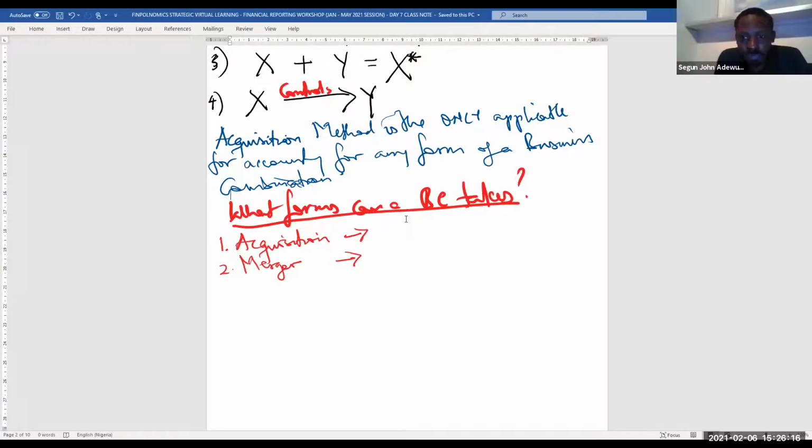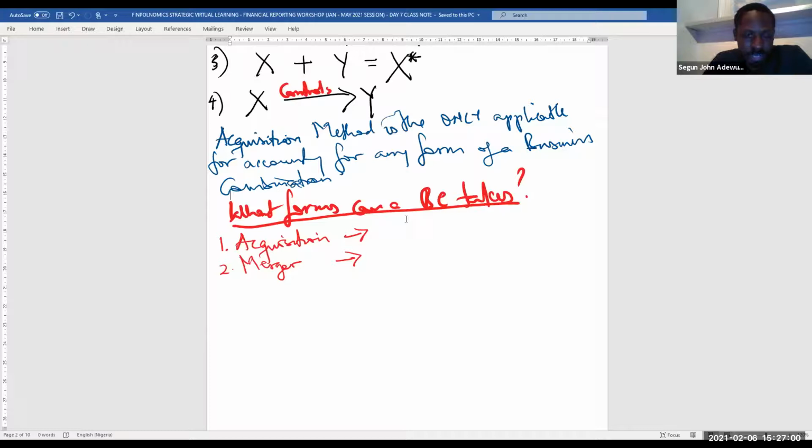Okay, I would like to say something. Continue, John. As you've explained, acquisition is a form of business combination between two entities, but not with the intent of one subsuming the other. So the other company is still left to be an independent legal entity, but the company acquiring it exerts significant influence on it.